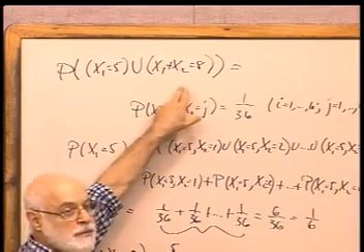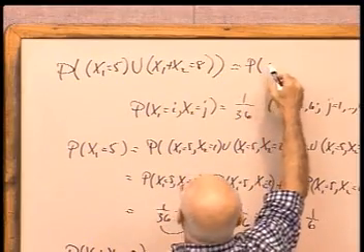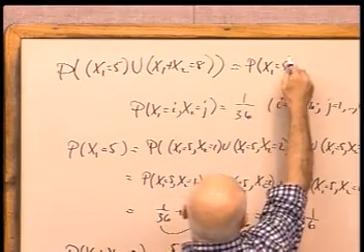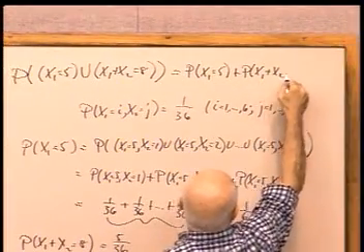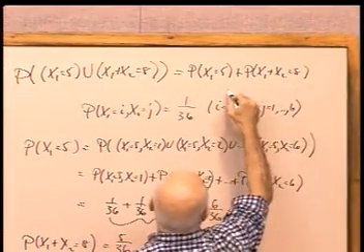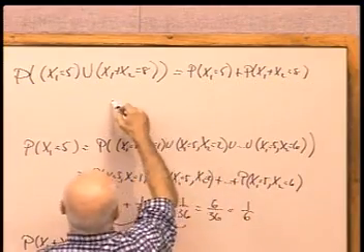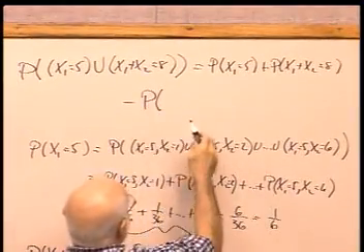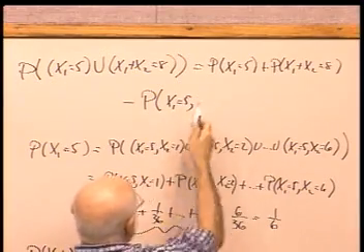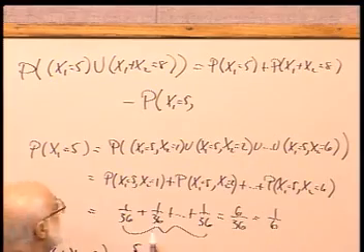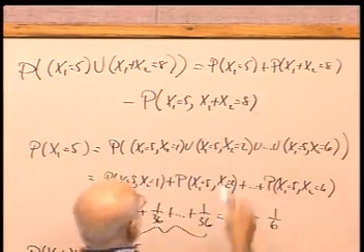That's A or B. So I can say that's equal to the probability that x1 is equal to 5 plus the probability that x1 plus x2 adds up to 8 minus the probability of the intersection, which is that x1 is equal to 5 and, I indicate intersection by a comma, x1 plus x2 adds up to 8.